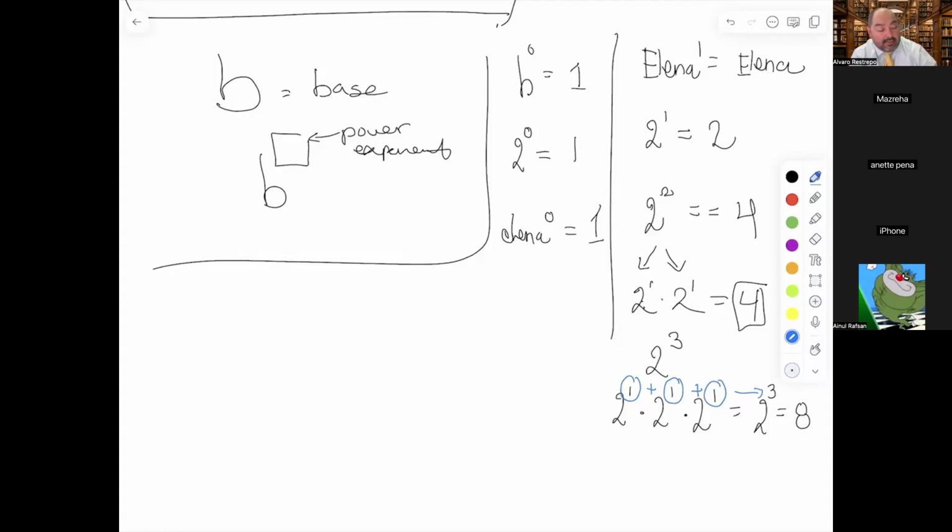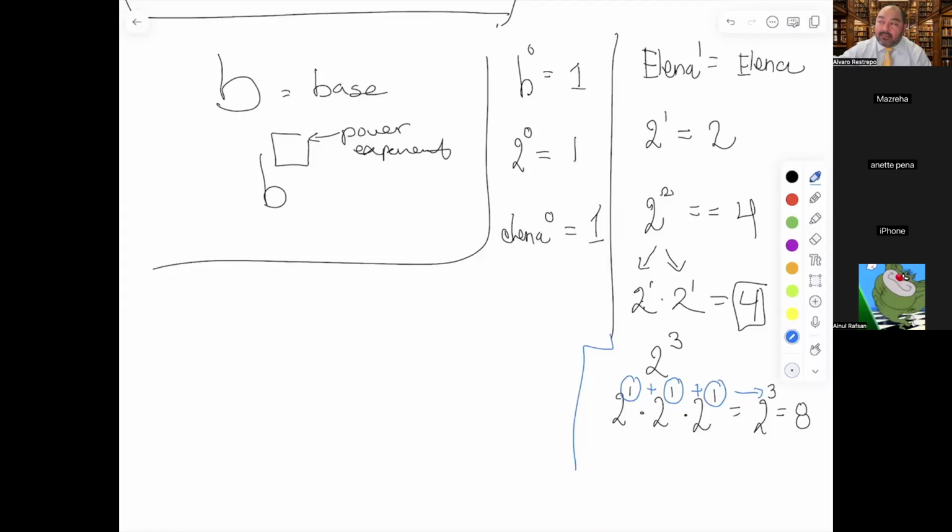Next. So we already learned about the power of 0. We learned about the power of 1. We learned about the power of 2. What about the negative? Well, what happens when we have a negative? What do you think is going to happen when I have that?